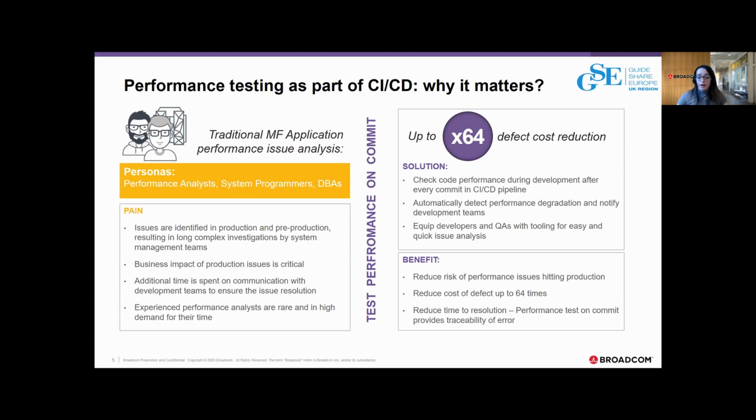And right now, doing early performance testing is a big subject. It was outlined as one of the key topics in the industry for 2020, and experts suggest that the traditional approach is not very efficient.